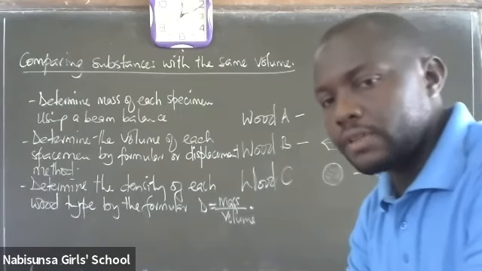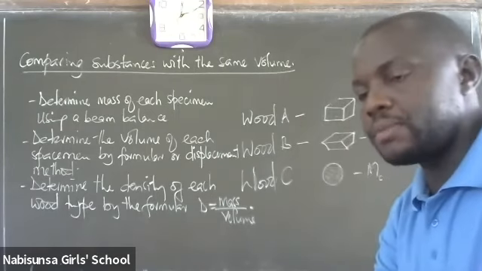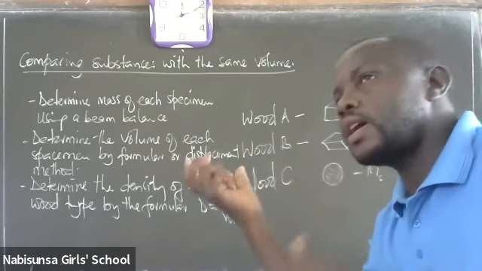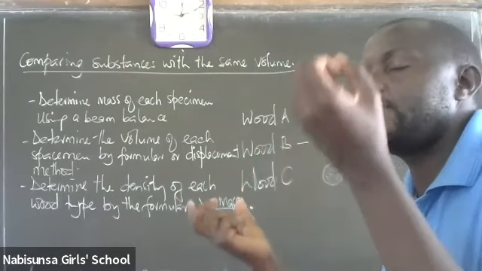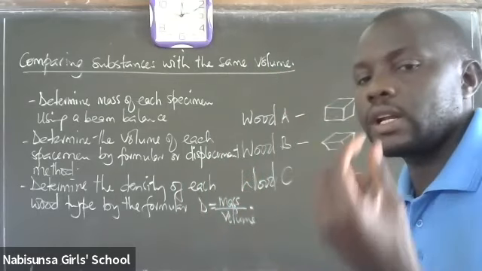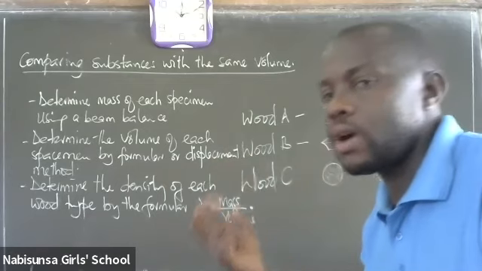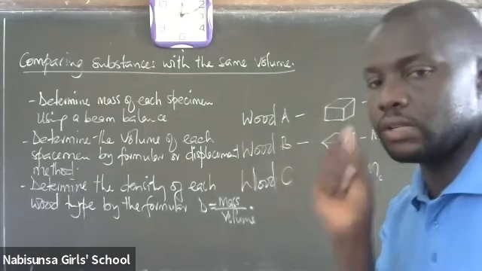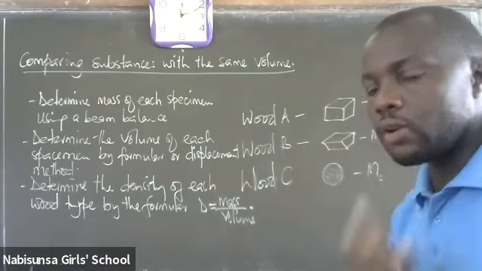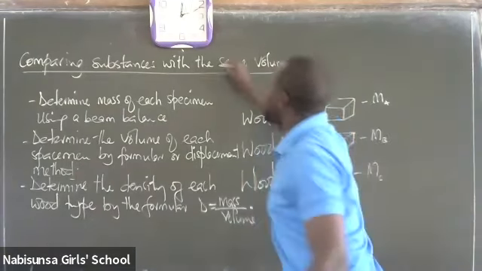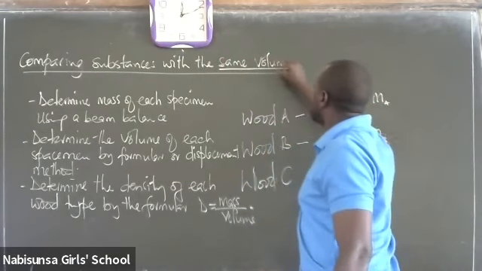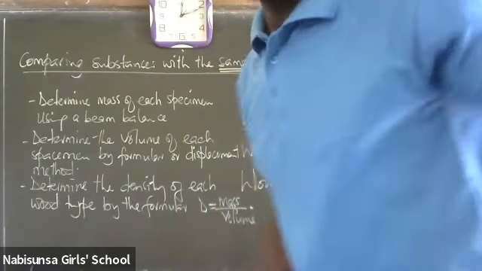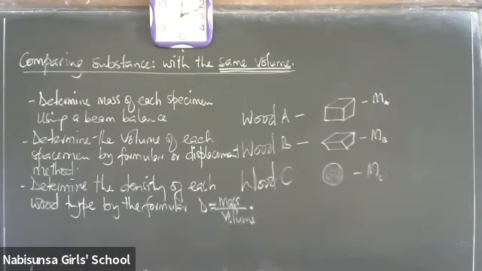If they are exactly of the same volume, that means the same size, and we hold one here and one here, and we feel one is heavier than the other, it is a clear indication that the heavier one has a higher density compared to the light one. Only and only if our samples are of the same volume. Are we together?